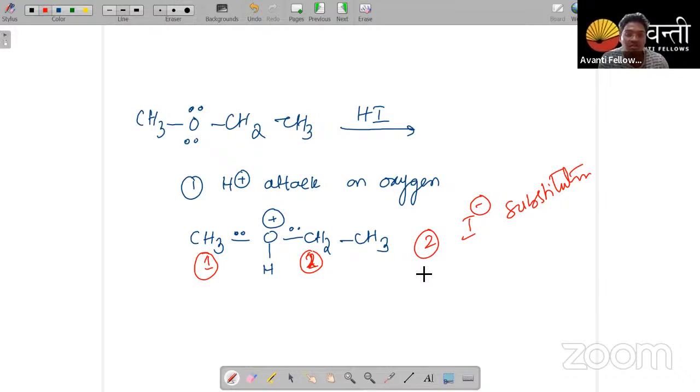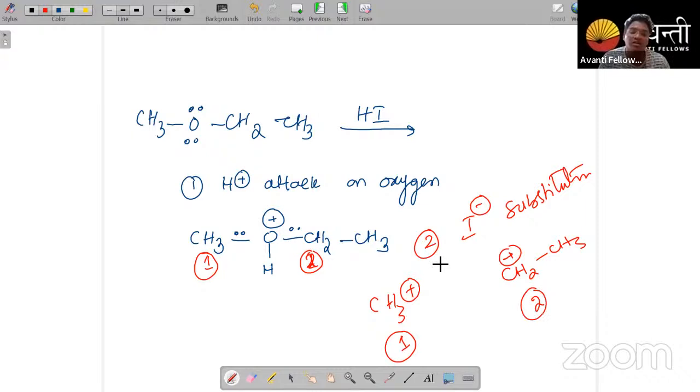Just imagine, let's suppose you got CH3 plus and CH2CH3 plus; these are the two carbons. If they are taking from 1, you will get a methyl cation, or else if they are taking from 2, they will get an ethyl cation. And we know that a carbocation with more plus I groups will be unstable, so this will be unstable compared to the methyl cation.